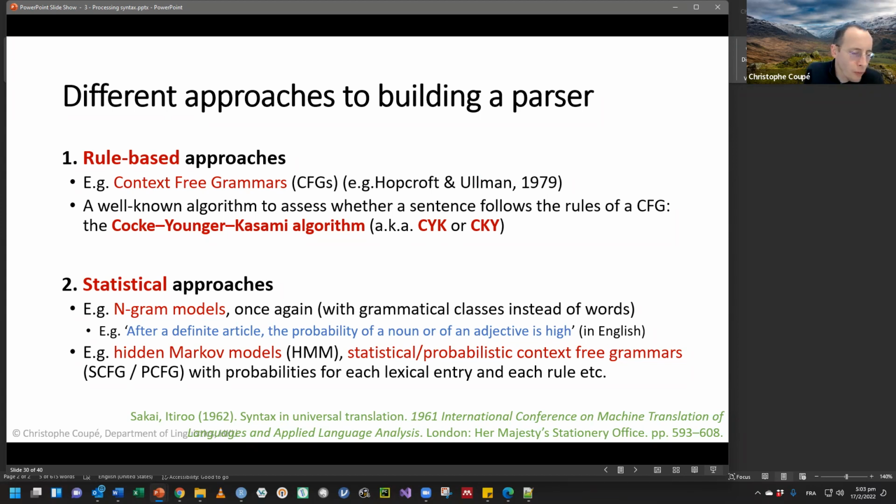And then you have more advanced things like hidden Markov models, where you model the probabilities of transitions between words. You can have statistical context-free grammars. Well, you can have a lot of things. I won't enter into the details, and I'm not an expert in that, but you have many methods to build a syntactic parser. For instance, you might use decision trees.